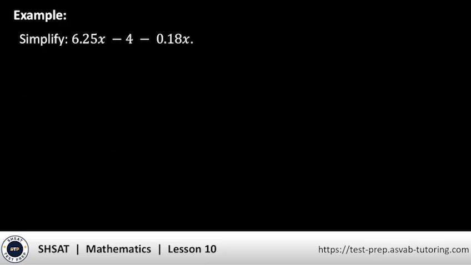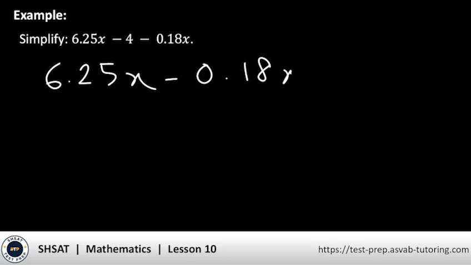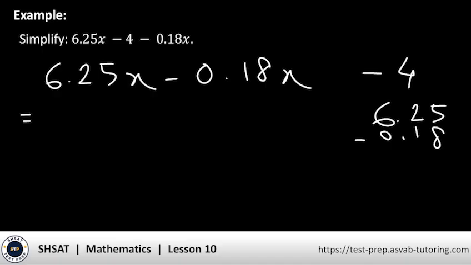Moving on. We have 6.25x minus 4 minus 0.18x. Of course, we need to put 6.25x and 0.18x together, and we put the minus 4 separately. If you do 6.25 minus 0.18, it's basically just subtracting like this. Let's subtract it on the side here.